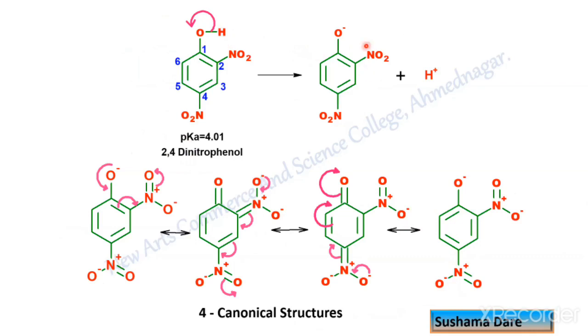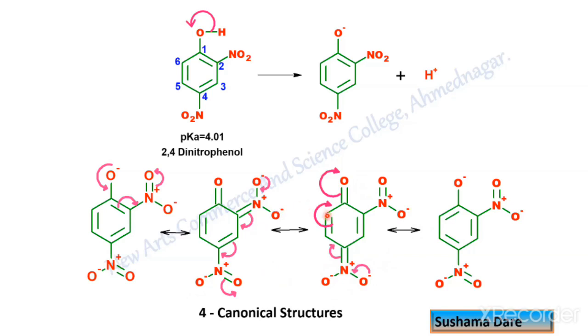Now after dissociation, it gives this conjugate base. First, this nitro group takes part in the delocalization, and after that, this nitro group takes part in the delocalization, and at the end, again it goes back to the oxygen and the structure is regenerated.